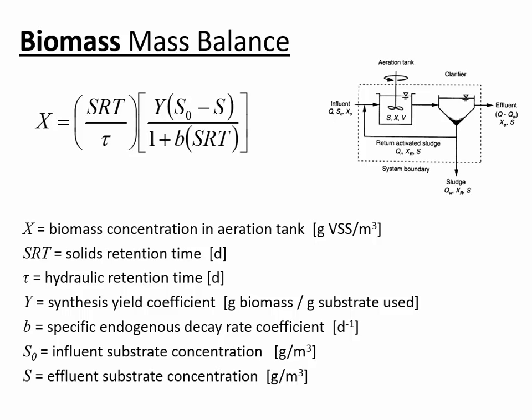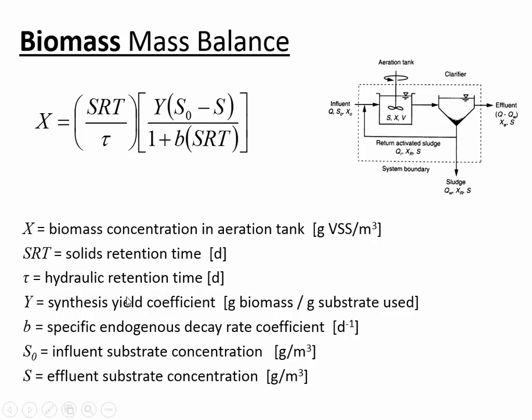Endogenous decay basically means that one kind of microorganism will die and another kind of microorganism will consume it. And so we have to keep track of those microorganisms whose life cycle ends inside of the loop.